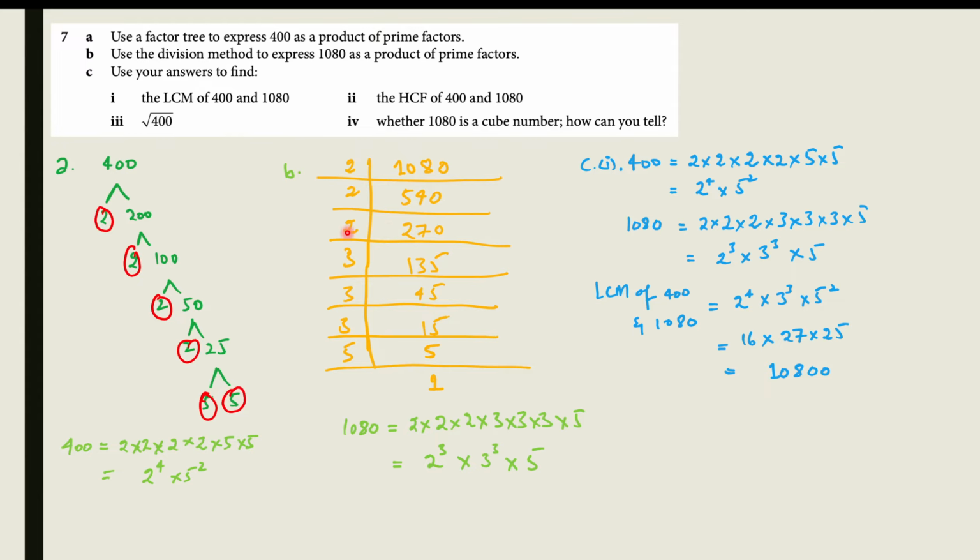And then 2 multiplied by 5 is 10. So this way we were able to divide 270 by 2 completely when 2 is multiplied by 135. This 135 cannot be further divided by 2, so we move to the next prime number, which is 3.